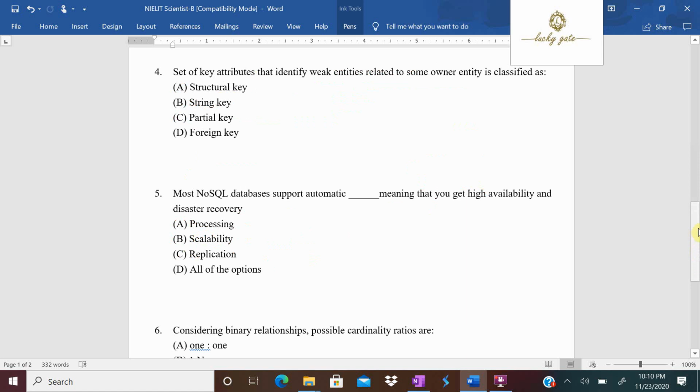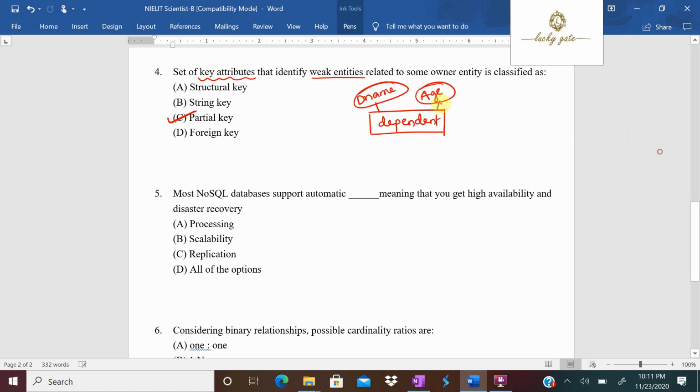Coming to the fourth question. A set of key attributes that identify weak entities related to some owner entity is called a partial key. It is a direct question. Suppose we have a weak entity set, dependent, having some attributes: dependent name and age of the dependent.